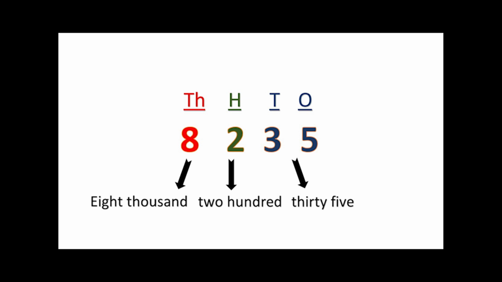So 3 and 5, 35. So the number name of this number is 8,235. Similarly, we can name a 5-digit number.